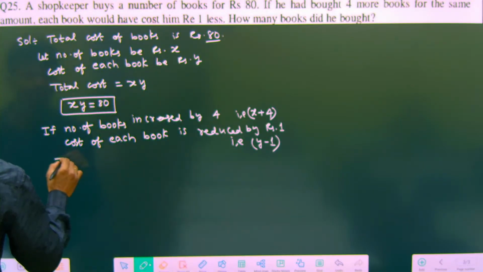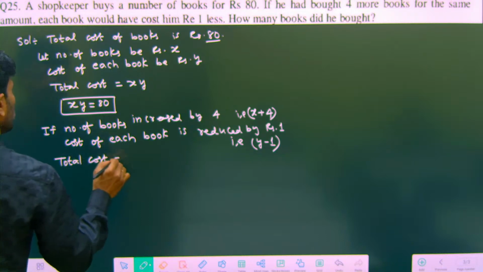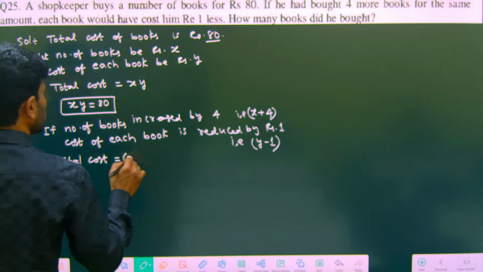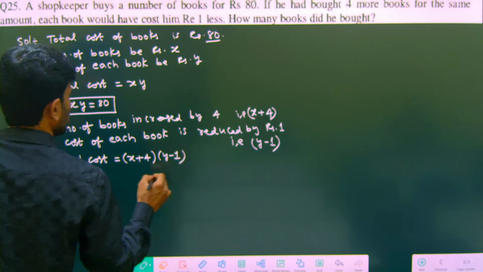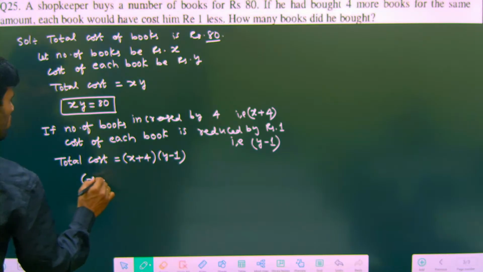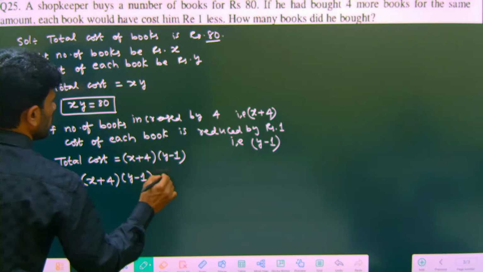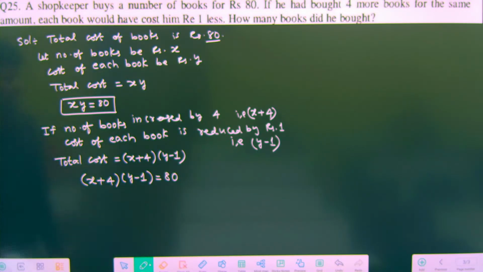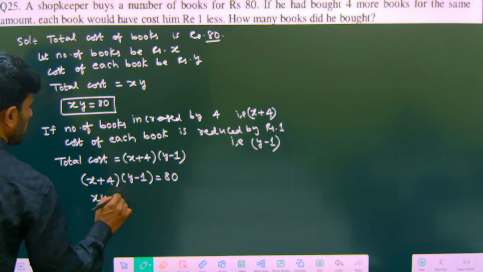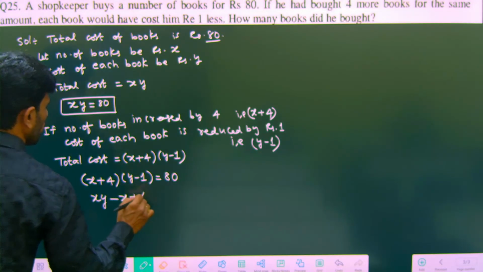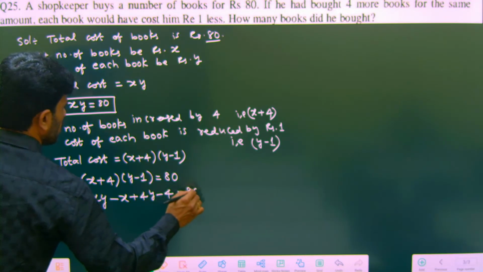Here also total cost applies. Total cost is equal to number of books into cost of each book, that is x plus 4 into y minus 1, which is again 80 rupees. Multiplying out, xy minus x plus 4y minus 4 is equal to 80.